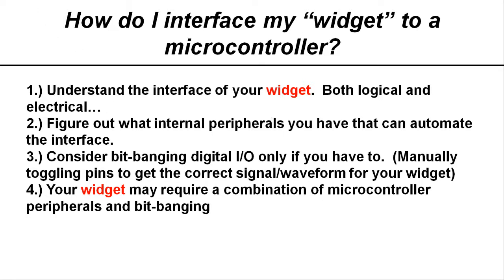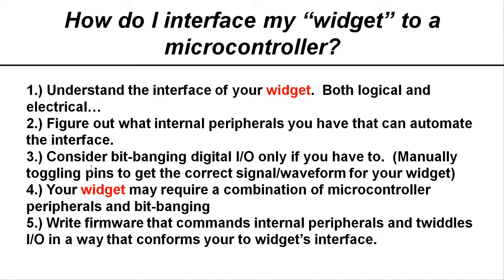Now, you might ask, how in the world can I know? Well, you have to read the data sheet for your widget. And if your widget doesn't have a data sheet, find a widget that does. You have to understand the interface or you'll spend a long time playing around, because these things can be kind of complex.